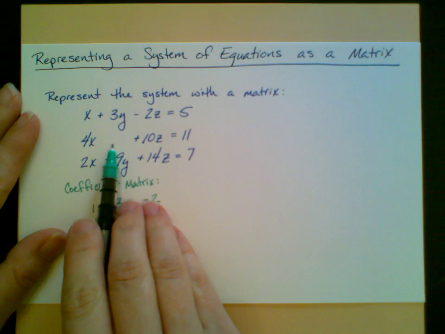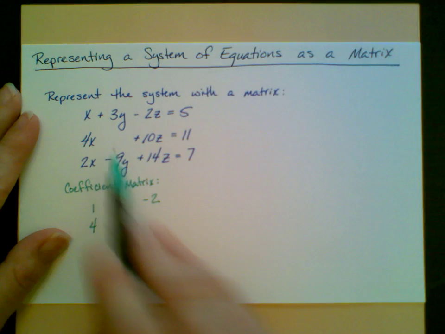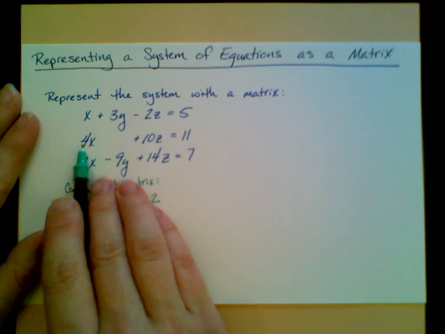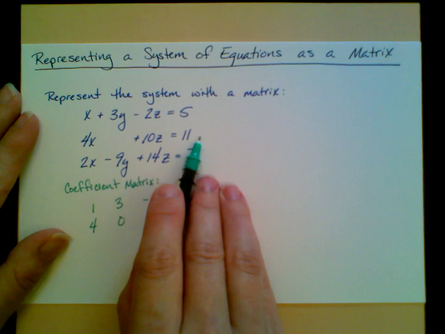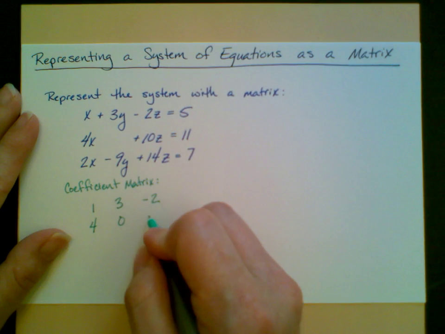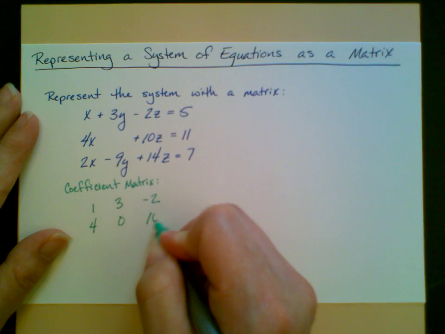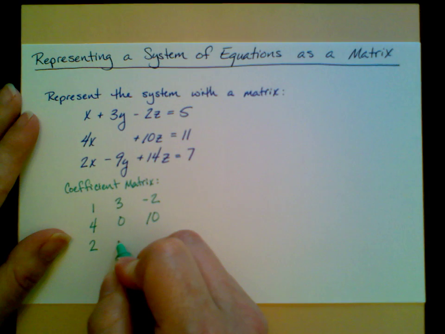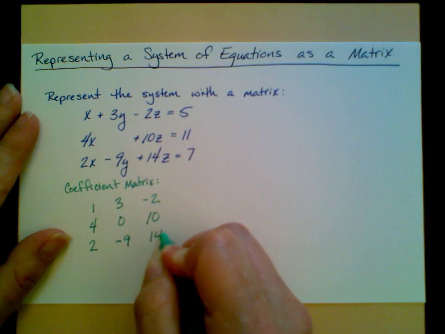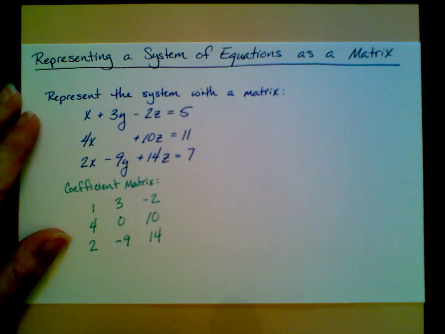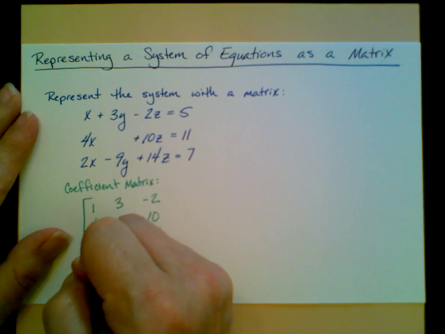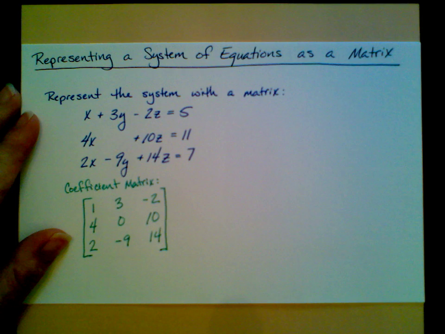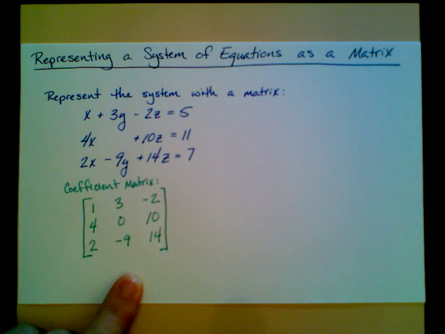Now, since a y term does not show up here, I can write that as a 0, because I could write in plus 0y without changing the value or meaning of this equation. And my coefficient of z is 10 there. And then finally, I have 2, -9, and 14. And it is not a matrix unless you enclose it in brackets. So you do need to do that. So there's my coefficient matrix.